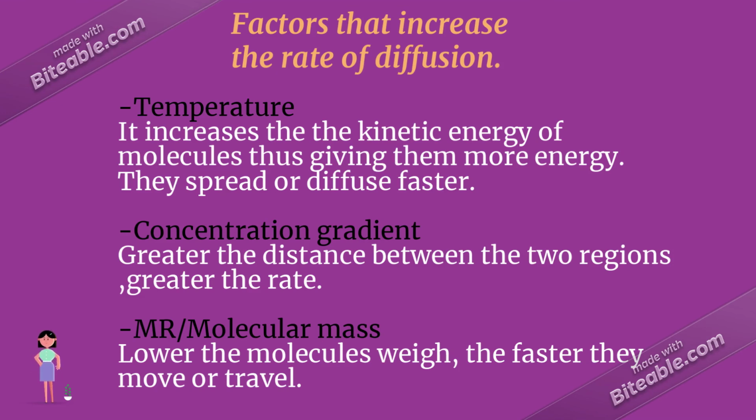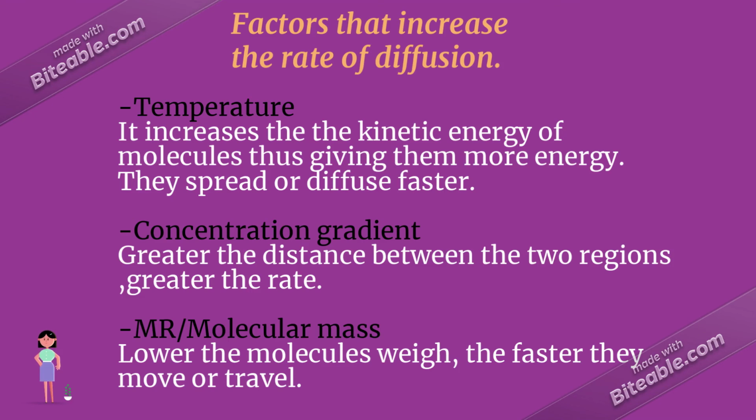Okay? And the last one is the Mr, also known as the molecular mass, which is a measure of how much atoms weigh. So the lower the molecules weigh, which means the lighter they are, the faster they can move or travel. Just think of it like this: if your atom weighs lighter, then that atom will be able to travel faster.